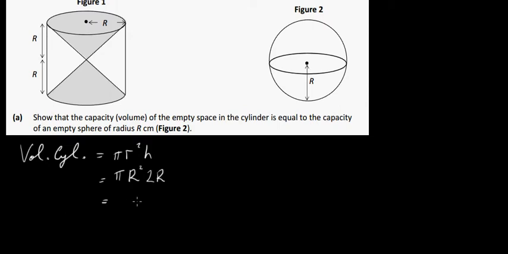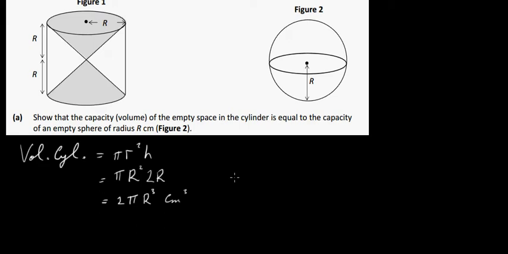So what we actually end up with here is 2 times r squared times r, so I'll put the 2 here, I'll put the pi next, and we'll have r cubed. And we're talking here about centimeters, so it's going to be centimeters cubed for volume. So that's the volume of our entire cylinder.